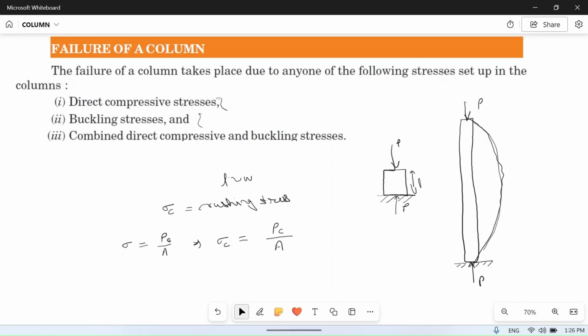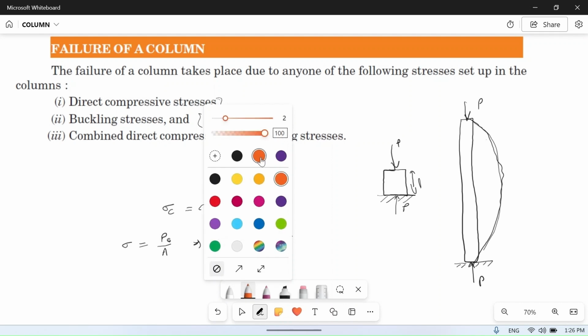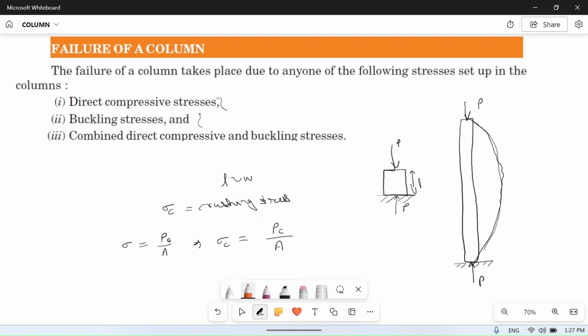This is called the buckling of the column. Practically we encounter many long columns in supports. In case of long columns, they mainly fail due to buckling, not due to crushing. Crushing load is important only in a small column, but if the column has considerable length, then failure due to buckling is more.